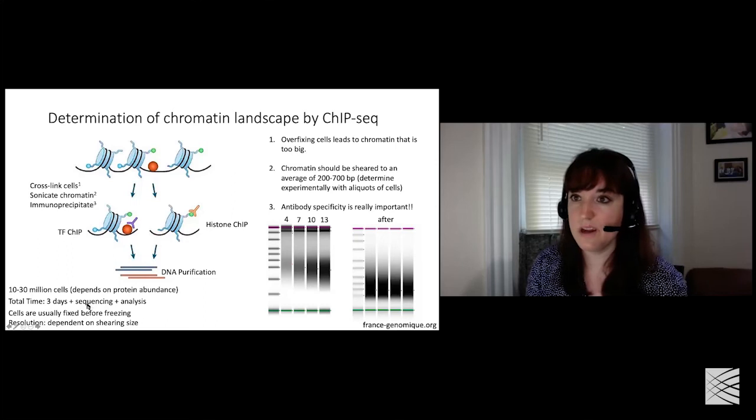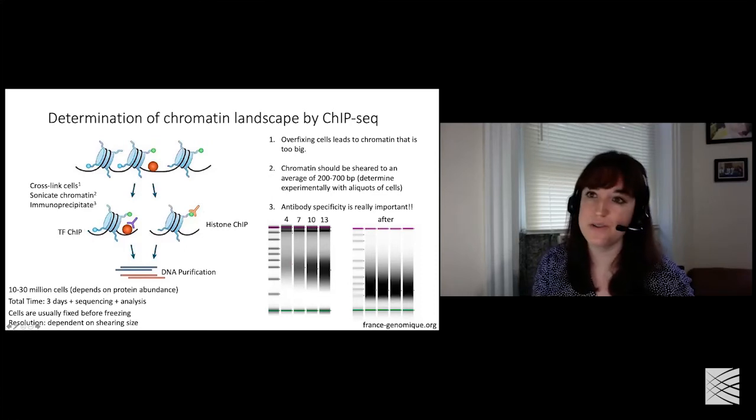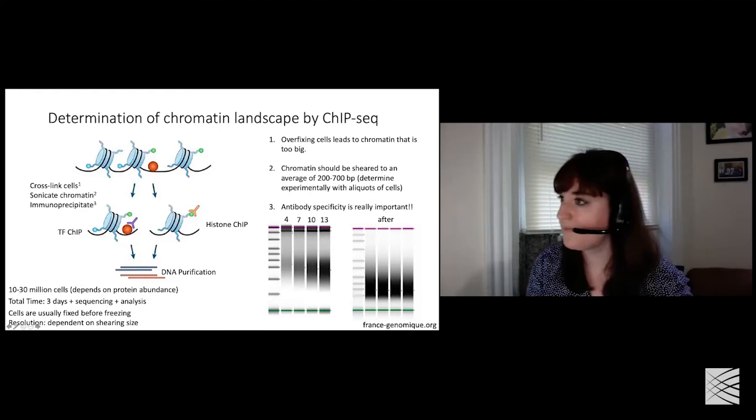It takes a little bit longer to do this as well. It's about 3 days plus sequencing plus analysis. And you can do this on fresh or frozen cells. However, the cells need to be fixed before you freeze them, so they need to be cross-linked before you freeze. And then the resolution of these fragments is going to be dependent on how small you shear your chromatin, so hopefully 200 to 600 base pairs.